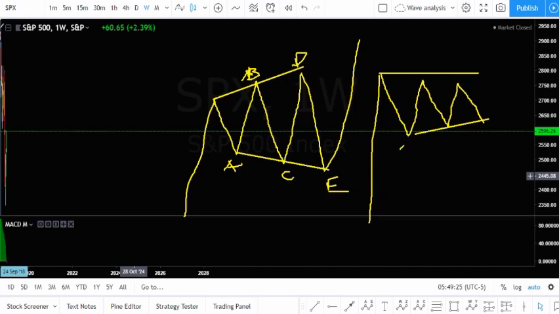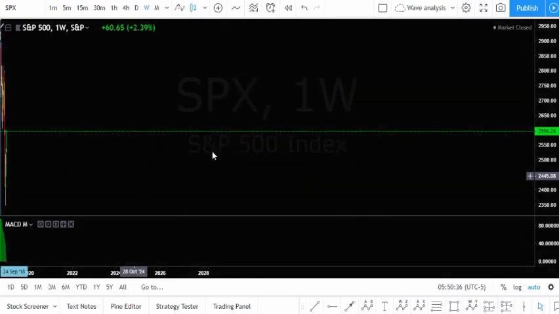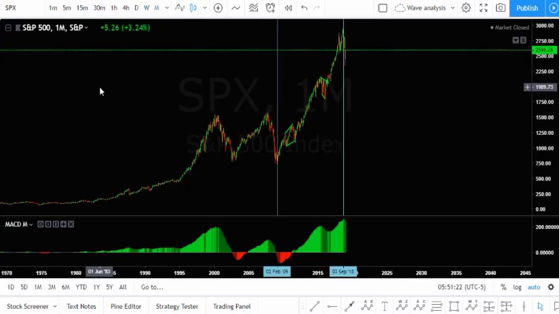And then after your E, you'll get the next move up, and this is our contracting triangle. Look, A, B, C, D, E, and then you'll get your next move up. But we'll discuss that further in the patterns section.